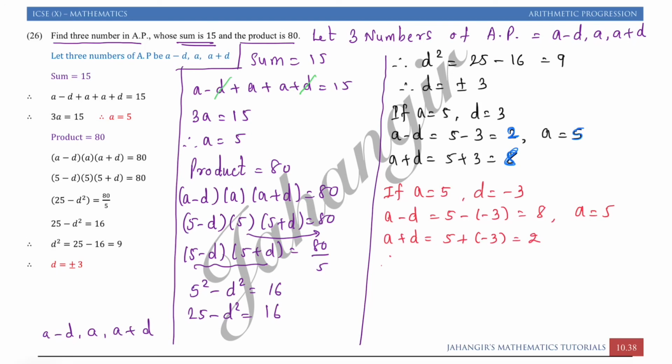So therefore here the three numbers are 8, 5, 2. So therefore the three numbers are 2, 5, 8 or 8, 5, 2.